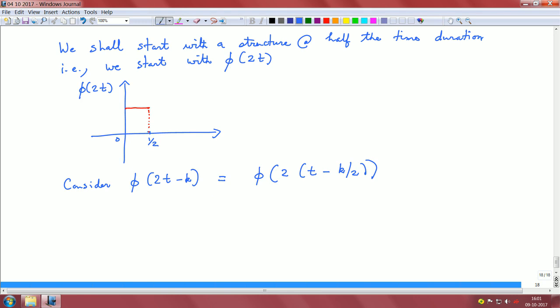Right. So if you sketch this, how does it look? Let us suppose we choose k equals 1.